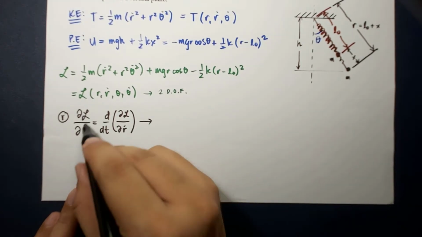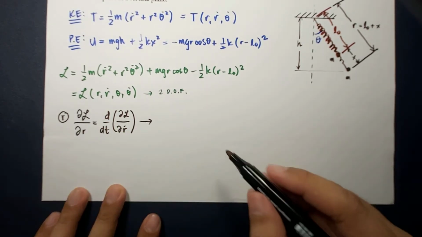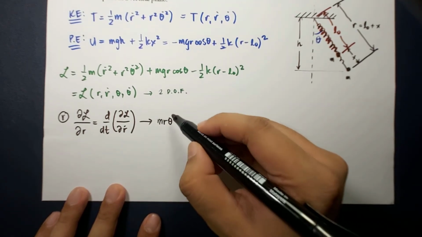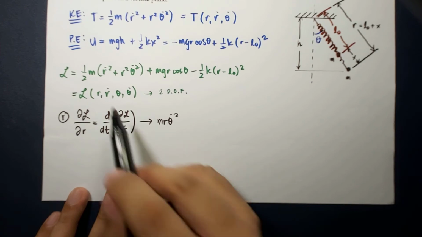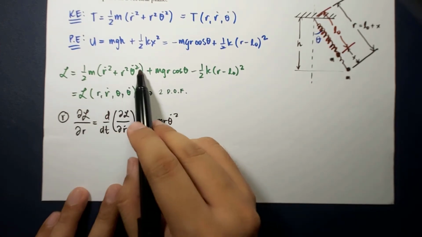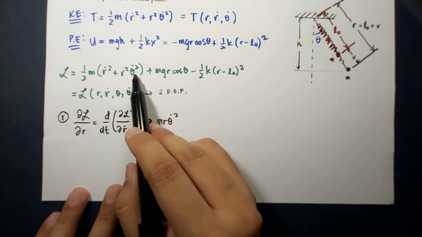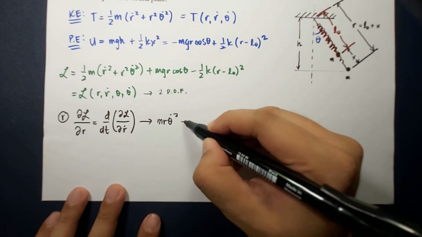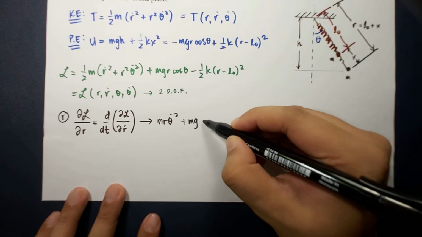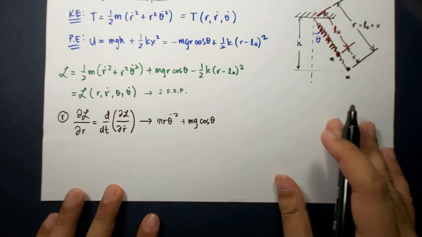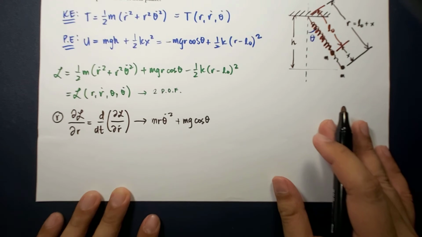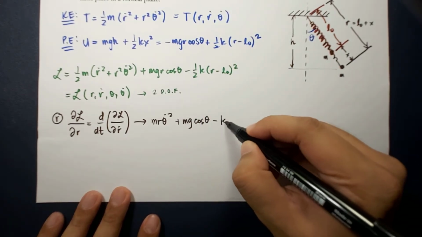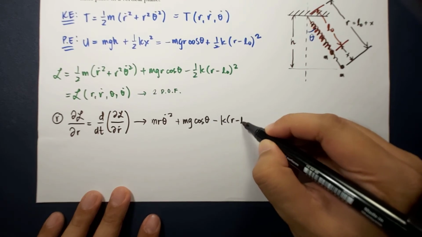Okay, so this term will be m r theta dot squared, coming from this term. Okay, then plus, coming from this term, so this is plus mg cosine theta. Okay, and then minus, coming from this term, which is k times r minus L naught.